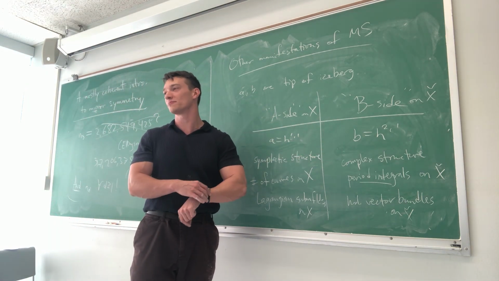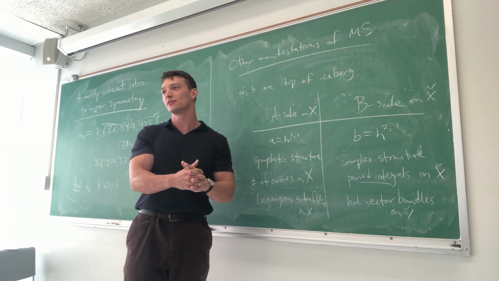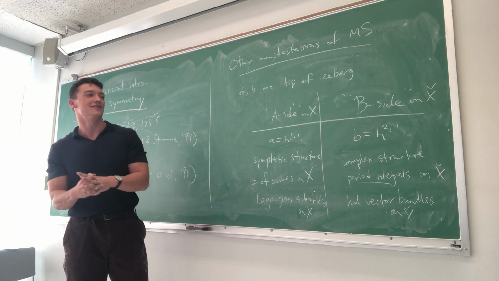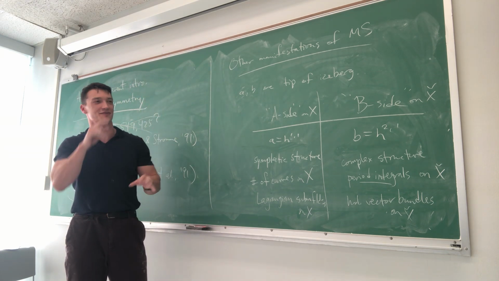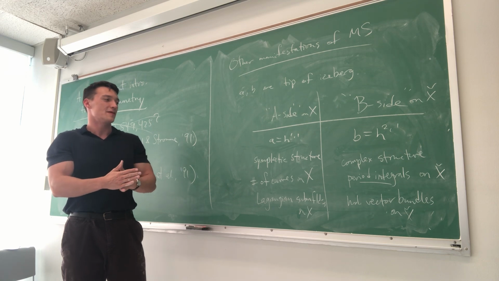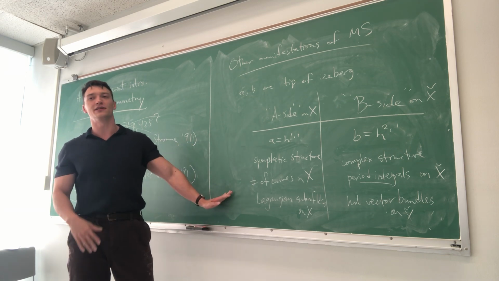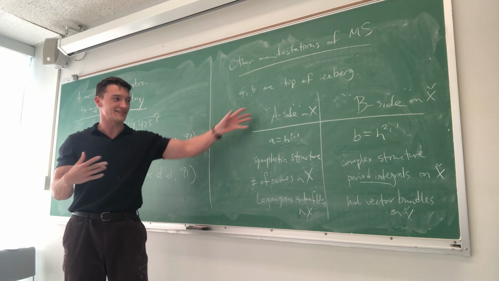Right? There are many parts of this that have by now been proved in certain situations. So, for instance, I mean, there's so many different directions you could go in, different versions of mirror symmetry, but a lot of this is known in cases of certain special X's, right?